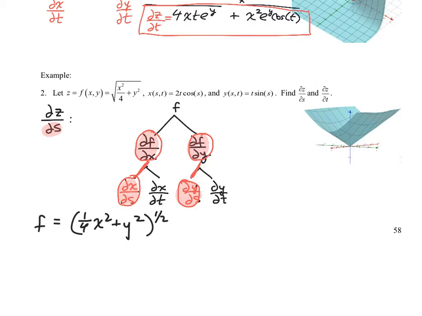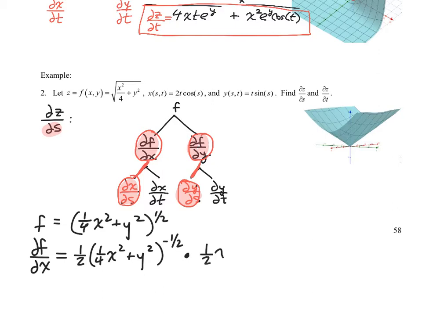So that when I find my first order partial with respect to x, I'm looking at 1/2 times 1/4 x squared plus y squared to the negative 1/2 times the derivative on the inside, which is going to be 2/4 x to the first, so just 1/2 x. The y squared goes away because it's a constant, so constants go to 0.